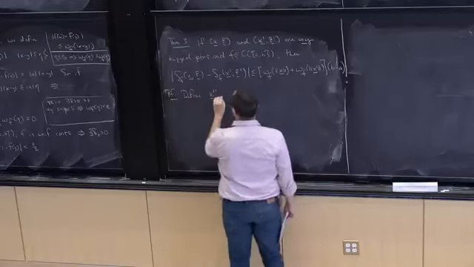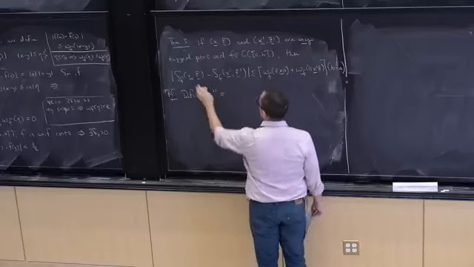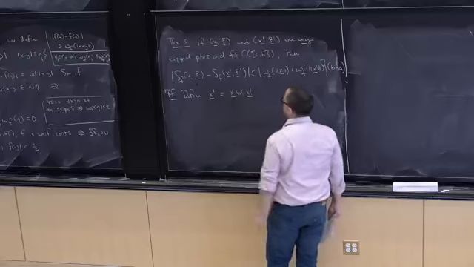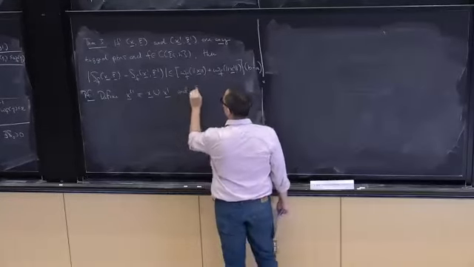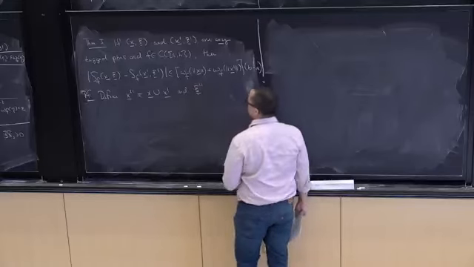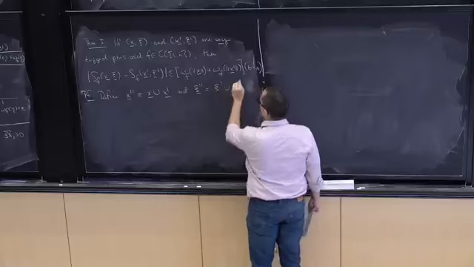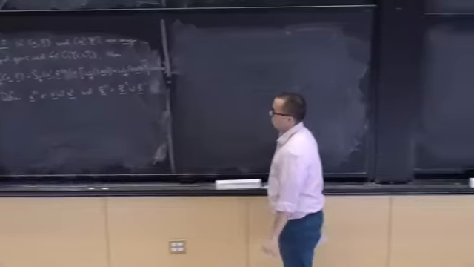Define a third partition to be the common refinement of these two. So take this partition and union it with the second one, and take a new set of tags to be the union of the two tags.